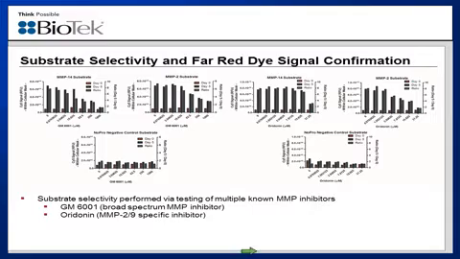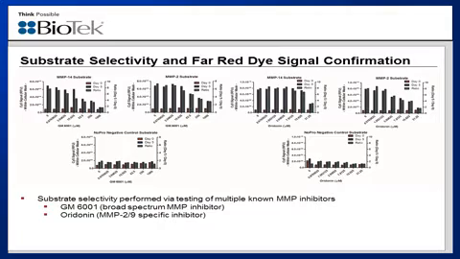The last step in the project was to confirm that we were seeing selective cleavage of the added substrate and subsequent signal generation from the target MMP. Here we incorporated selective substrates for MMP14 and MMP2, as well as the no-pro substrate, which is cleaved by a yeast protease and which is not expressed in mammalian cells, which obviously made it an ideal negative control substrate to use in this case.